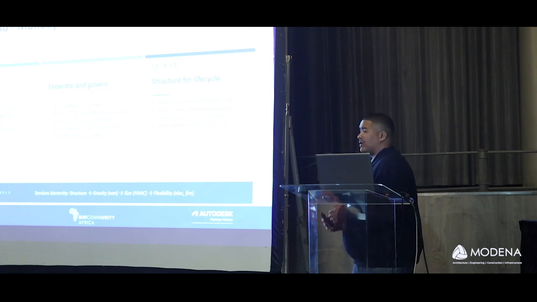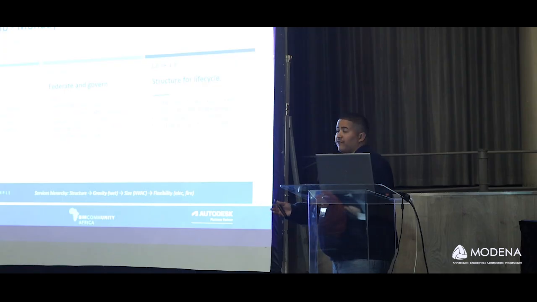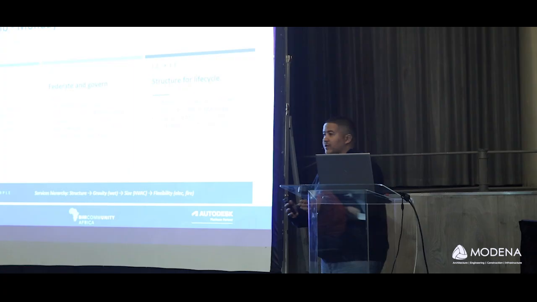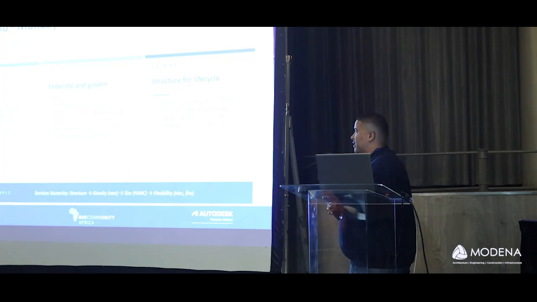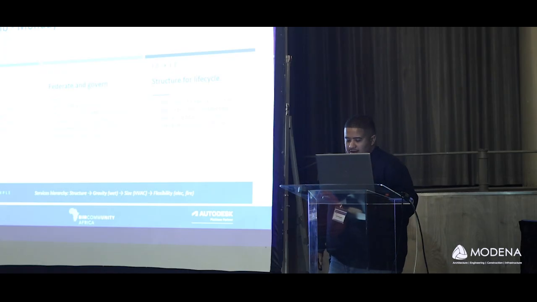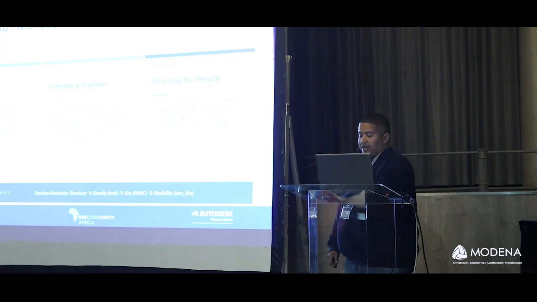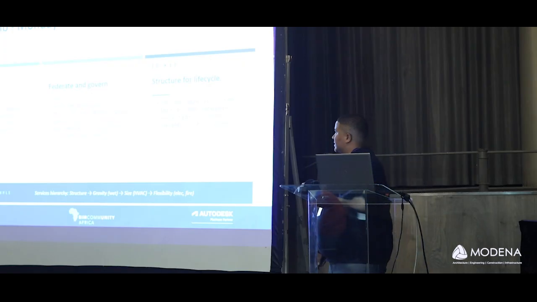Start using, for example, naming conventions for your files. Then after, move to level 2, which is your common data environment. Now everybody's in the same shared environment. Typically, for example, in this room, we are all together in the same common data environment, in that sense. And then thereafter, we set the rules of the road. So for example, deciding where structural beams should stay put and where pipes should move.